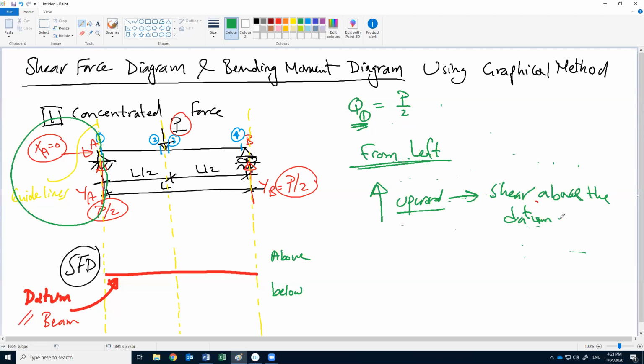In other words, if the force is going upward, we are going upward; if the force is going downward, we go downward. Here the shear at 1 is B divided by 2 and the force is going upward, so we go upward like this, and the shear value will be B divided by 2.